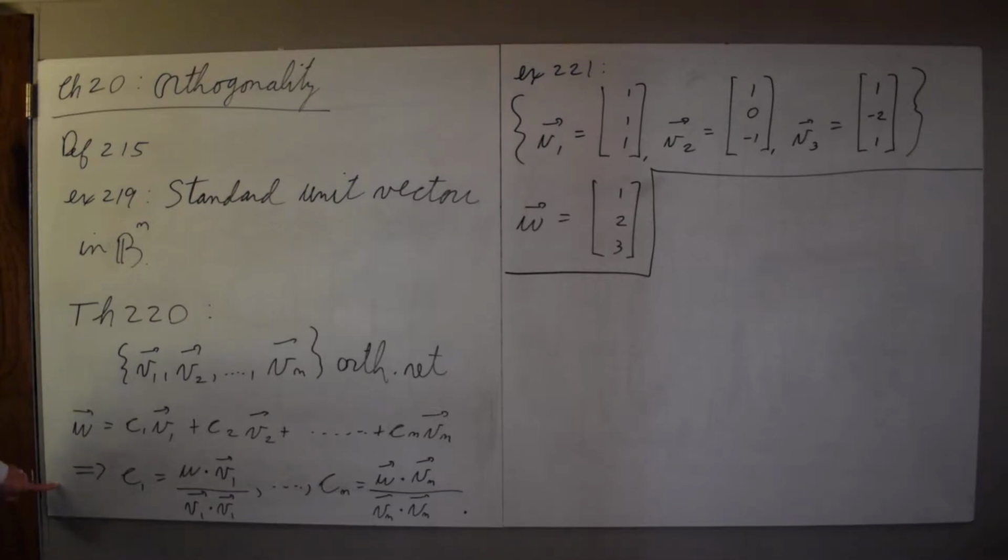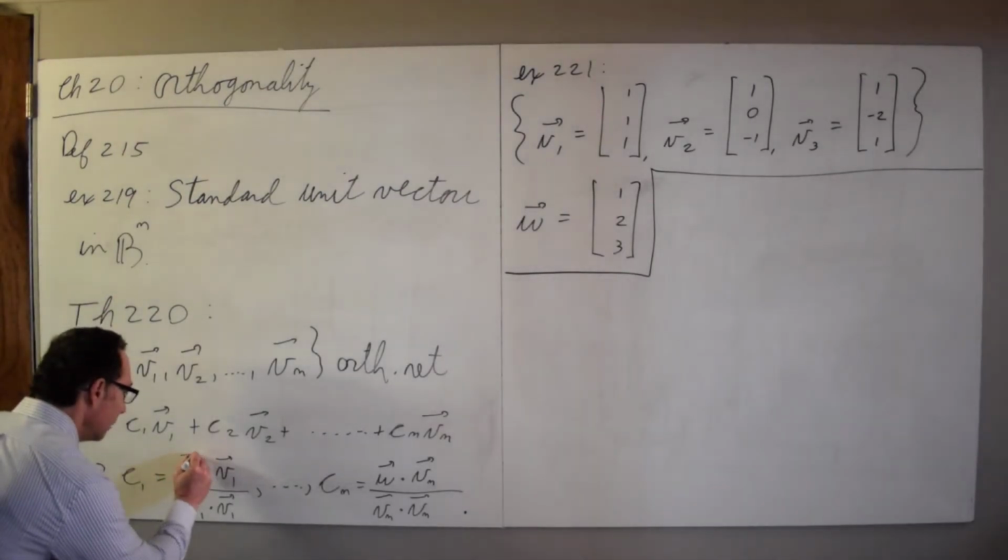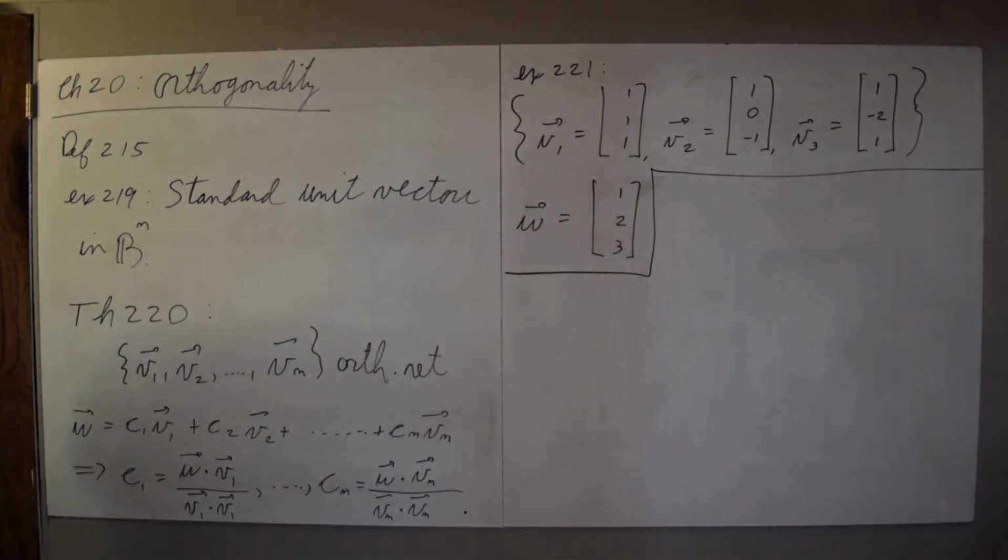So the coefficient C sub 1, for example, is the dot product of W with V1 divided by the dot product of V1 with itself. The coefficient Ci in general is the dot product of W with Vi divided by the dot product of Vi with itself. And so this gives us a formula for finding the coefficients.